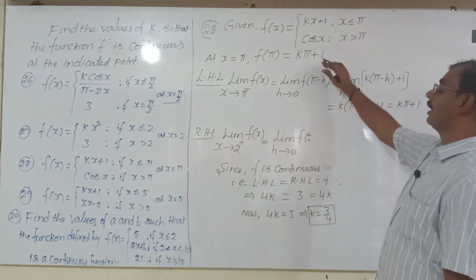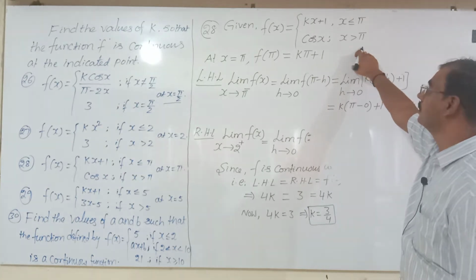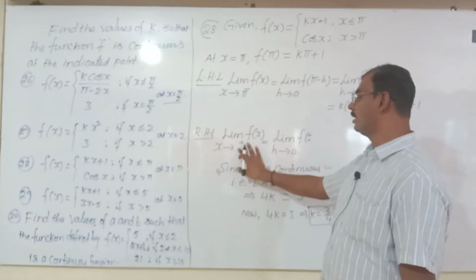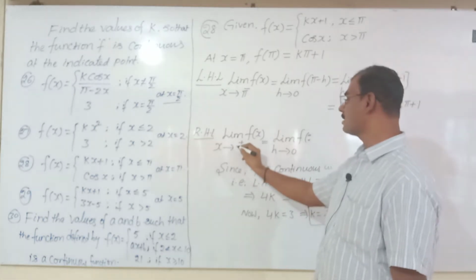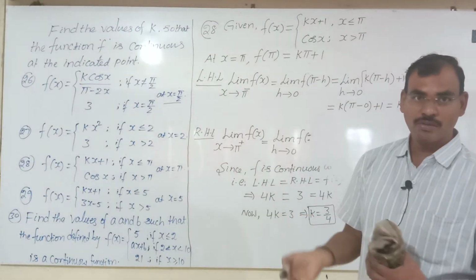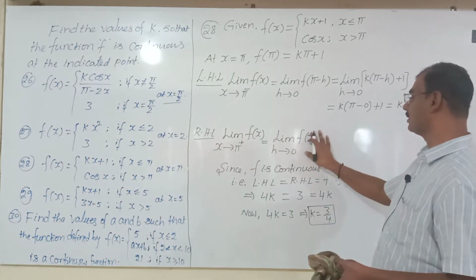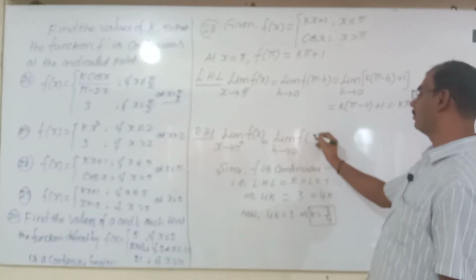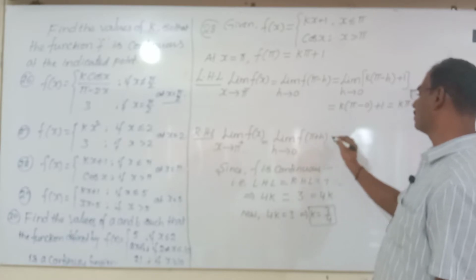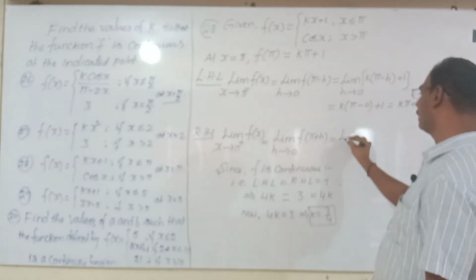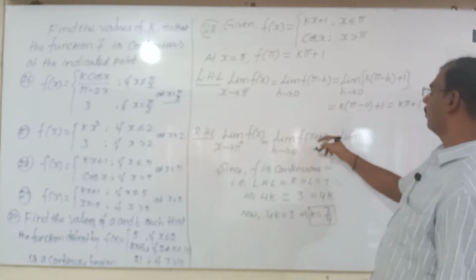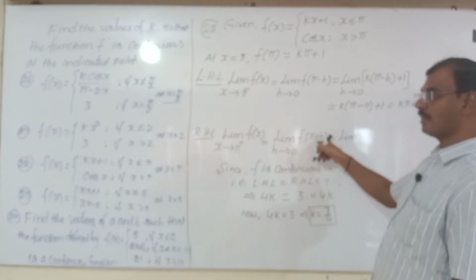Then we have to find the right hand limit, at x equal to pi only. So limit of f of x as x approaches pi plus. We change it in terms of pi plus h. So limit of f of pi plus h as h tends to 0. This is the limit when x is more than pi.